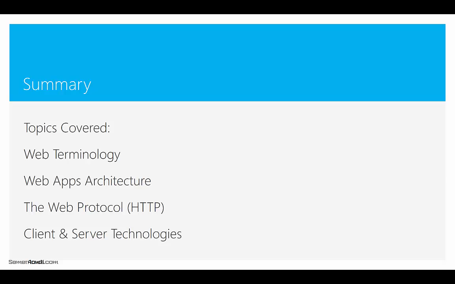We said that the client technologies is accessible. It's sent to us on our machine, so we can see the HTML pages, we can see JavaScript and CSS. The server technology, basically it resides on the server and it's not for our eyes to see or access. The output of server-side technology gets sent to us in the form of the HTML pages.